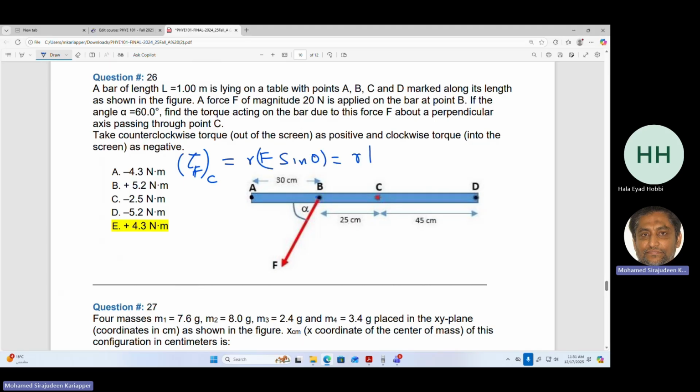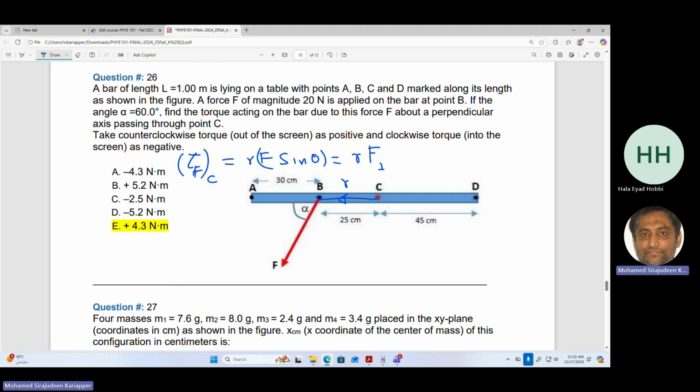It is the perpendicular component of F, perpendicular to R. And you should know what we mean by R. R is the vector that points from where you want the torque, at C, to where the force is applied, at B. So you need CB. The arrow that you draw from C to B is your R.